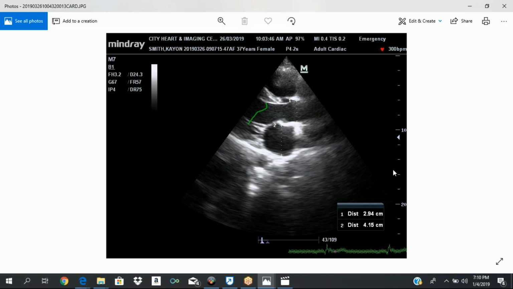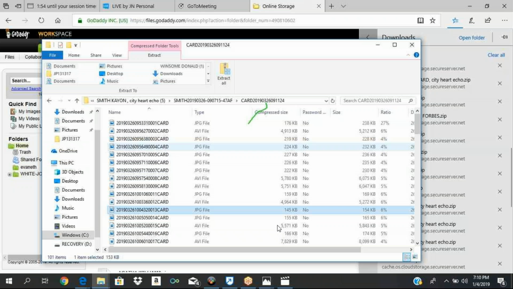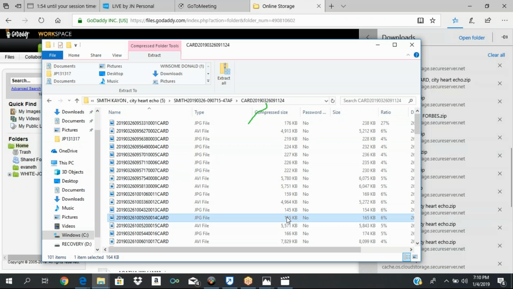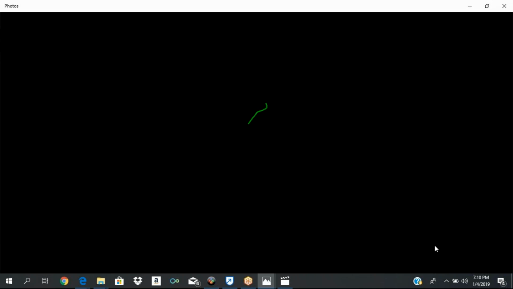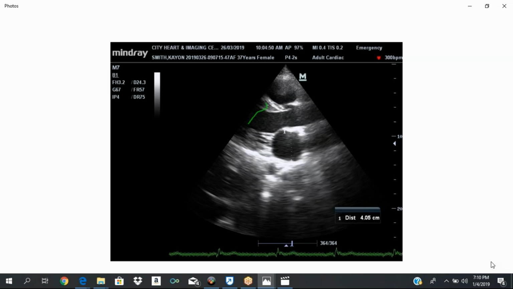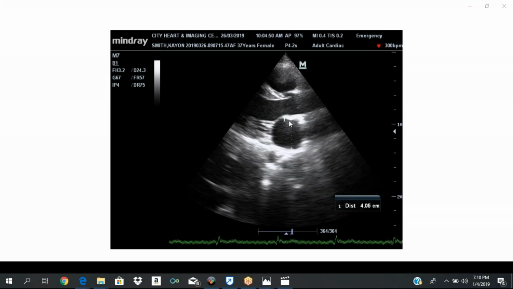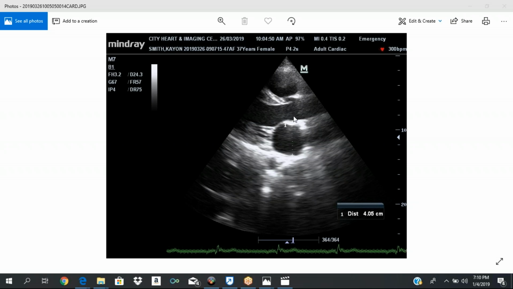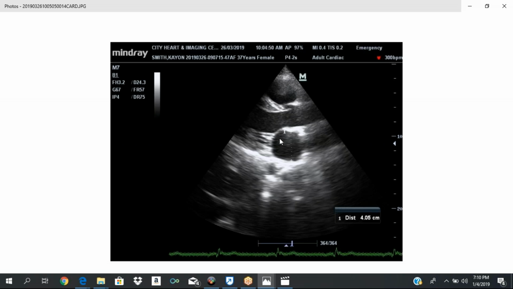All right, so you measure the left atrium and the LV cavity size in systole.